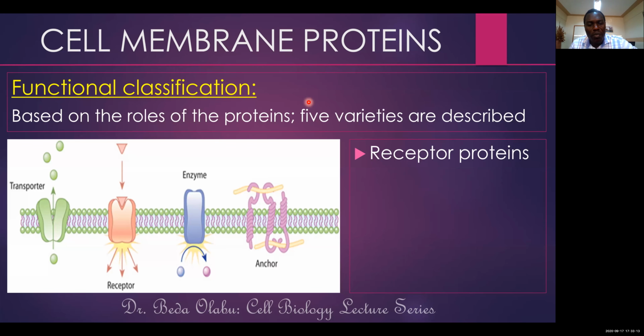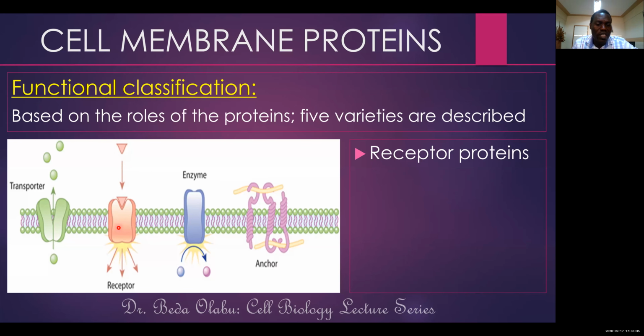Let's assume that chemical messenger is a hormone. For example, maybe this one. So this is a hormone. It comes and binds there. If this protein contains a binding site for a hormone, then this chemical is a receptor.